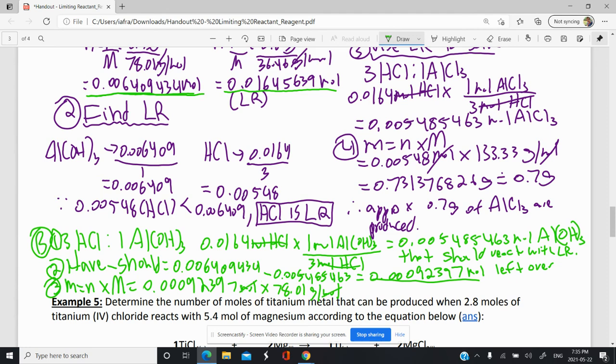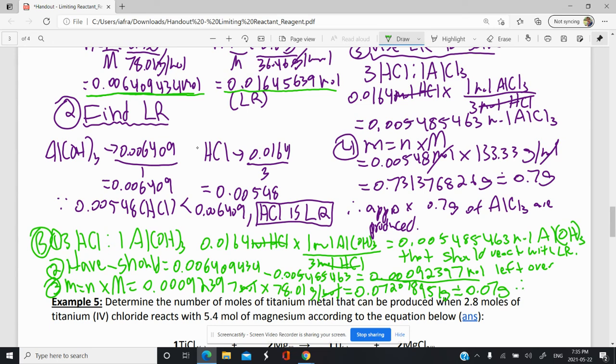So times 78.01. And we get approximately 0.072078951 grams. To 1 sig fig, because that's how many sig figs we have in the problem, we have 0.07 grams.